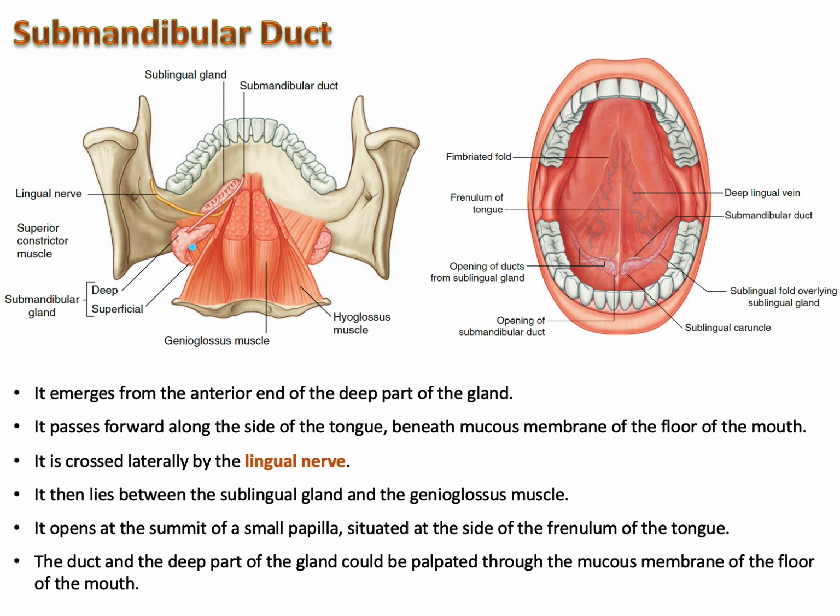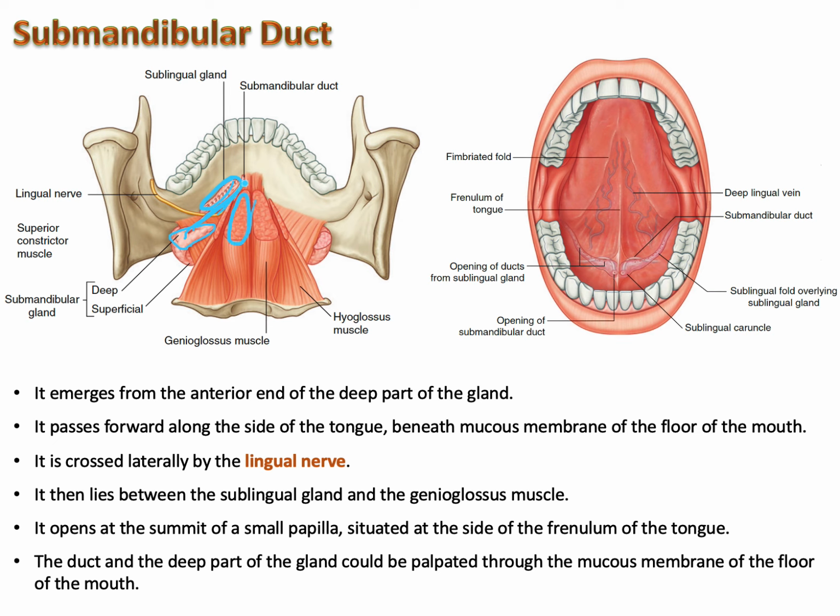Okay, so again, this is the anterior end of the deep part of submandibular gland, and look, from there is a submandibular duct that passes under the mucous membrane on the floor of your mouth. And guys, it passes between another gland, the sublingual gland, and the genioglossus muscle.